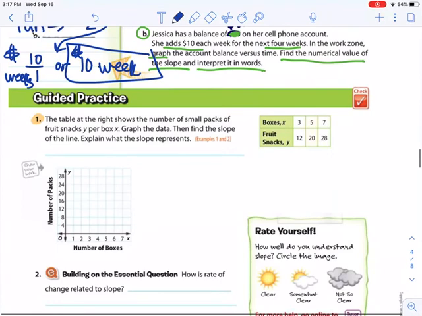Okay, next up, go down to number 1 on guided practice and go ahead and graph. So at 3 boxes, there are 12 fruit snacks. At 5 boxes, there's 20. At 7 boxes, there's 28.